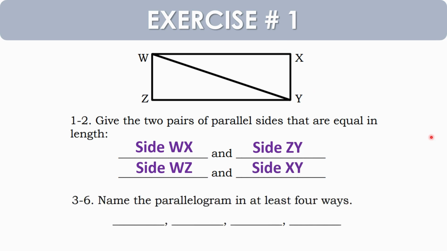Okay, for 3, 4, 5, 6 points, there are 4 points here. Name the parallelogram in at least 4 ways. So let's see if you can do it. So we have parallelogram WXYZ.